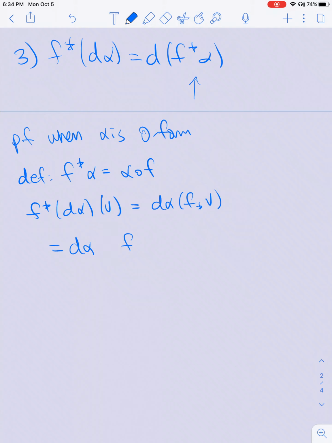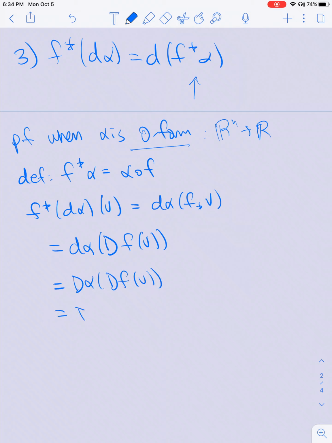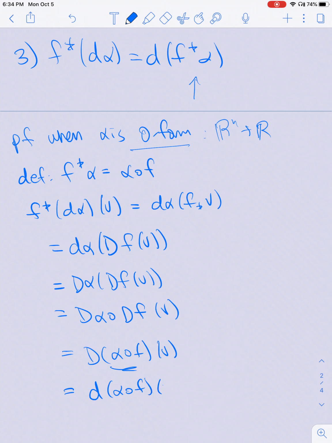So this is big D. Because alpha is a zero-form, so it's a function from Rn to R, little d and big D are the same thing. And then this is just using the chain rule, d alpha composed with Df of v, which is d of alpha composed with f of v, which is exactly what I wanted, because now alpha composed with f is also a function from Rn to R. So this is d of f pullback alpha applied to v.